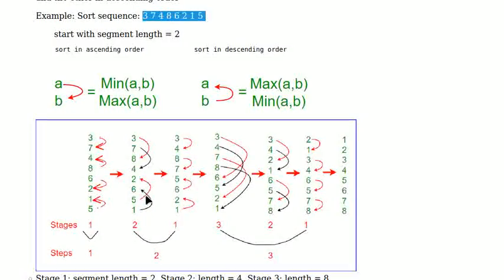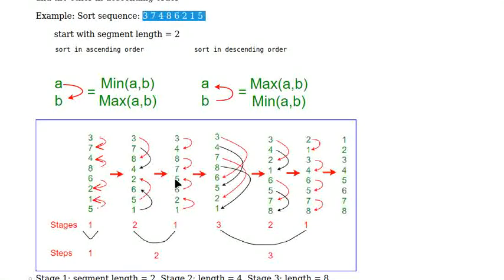When we sort 3, 8 in ascending order, we get 3, 8. 7, 4 in ascending order, we get 4, 7. And 2, 5 in descending order, we get 5, 2. 6, 1 in descending order, we get 6, 1. Remember, the arrow points to the larger element.